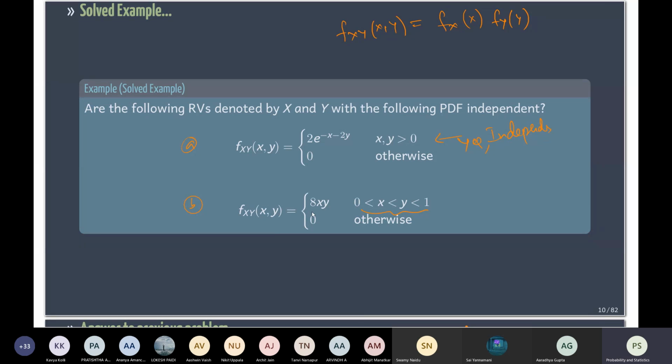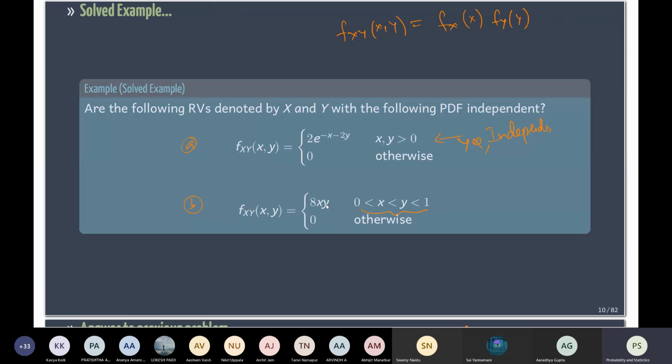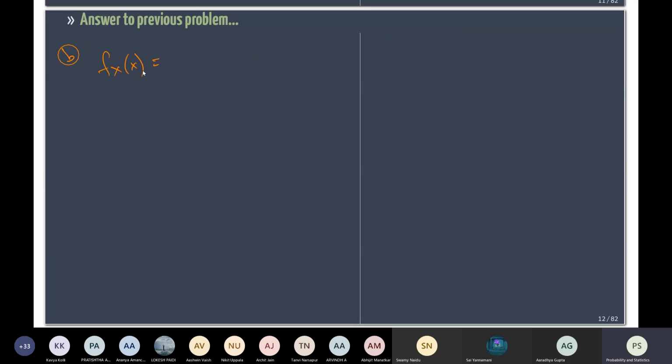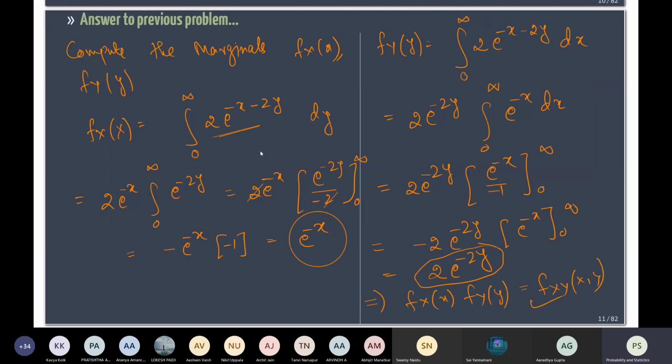Now we need to check the second case. For the second case, the joint is 8xy, and we are computing fX(x), so we have to do the integration with respect to y. We have to take the limit of y, which is lower bounded by x and upper bounded by 1, so x to 1.